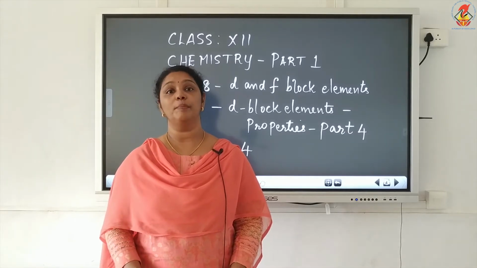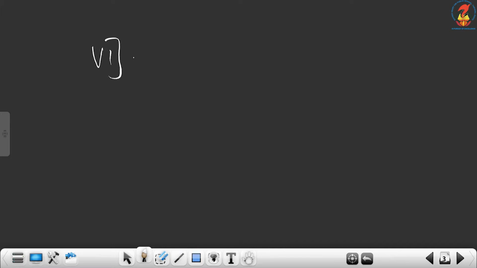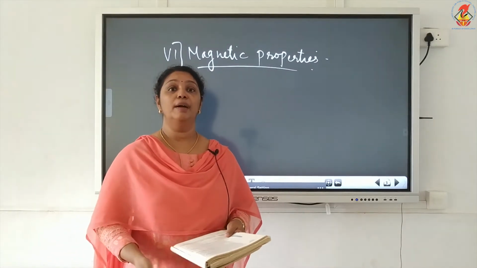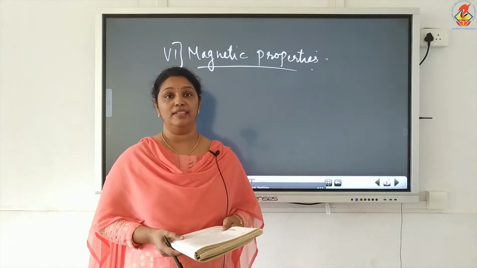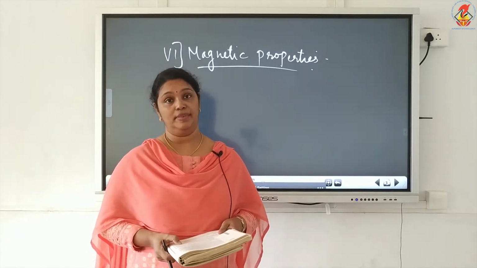Now, the sixth property of d block elements is magnetic properties. We know that when a magnetic field is applied to a substance, two types of magnetism are observed, diamagnetism and paramagnetism.